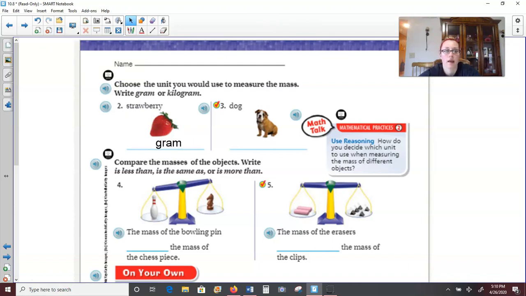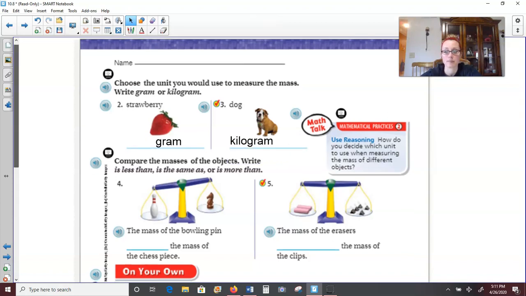Now it might be like 5 or 6 grams in its actual mass, but it's not going to be enough to use kilograms. How about a dog? Even a small dog is going to carry more weight than about 1,000 grapes, or again, think of maybe a pineapple for a kilogram. So we would use kilograms to measure the mass of a dog.